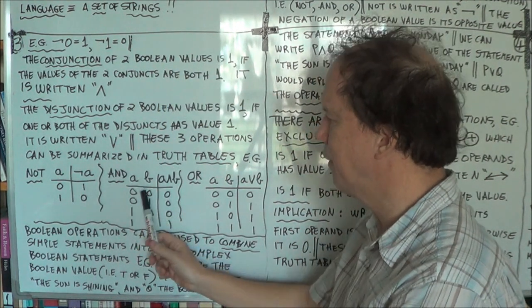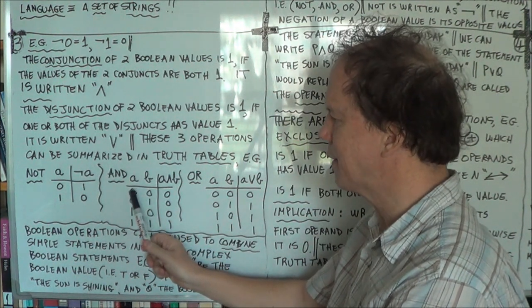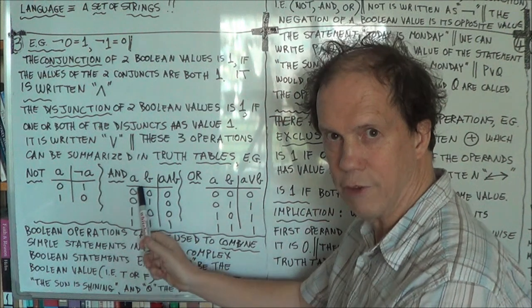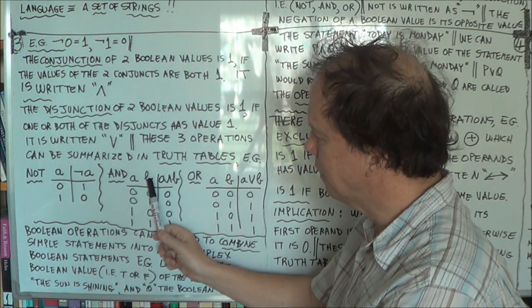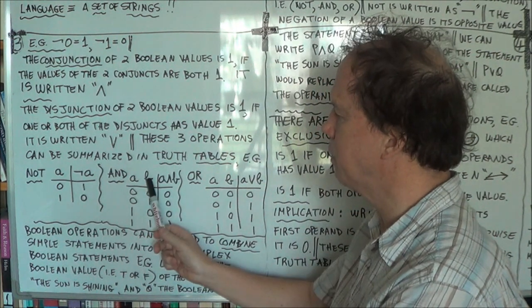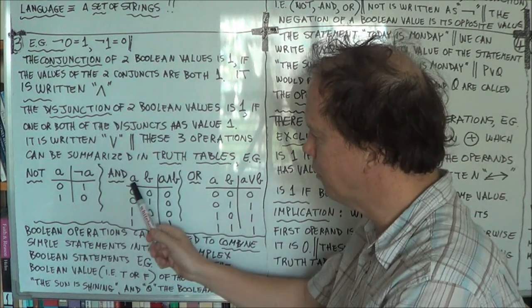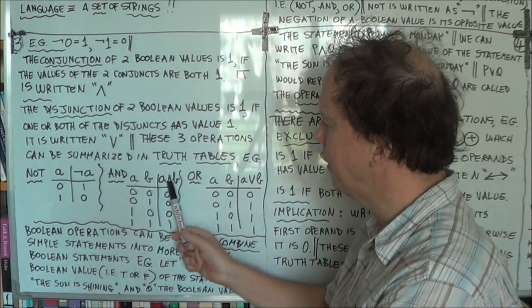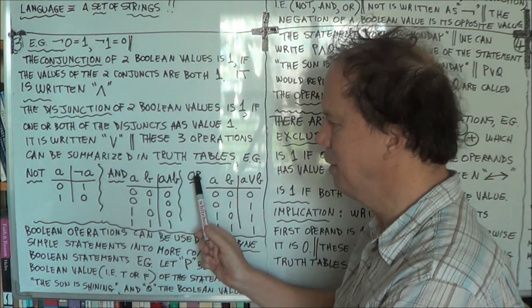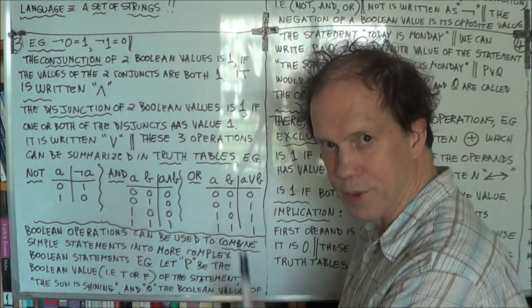So if the Boolean variable little a has the value 0, false, and the Boolean variable little b has the value 0, false. So if both of them are false, then A and B is defined to be 0, also false.